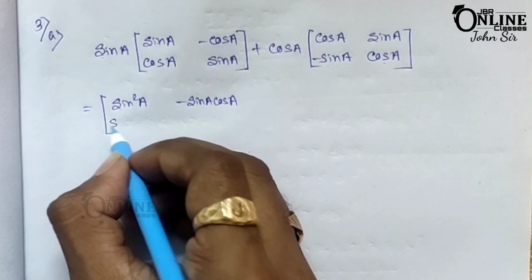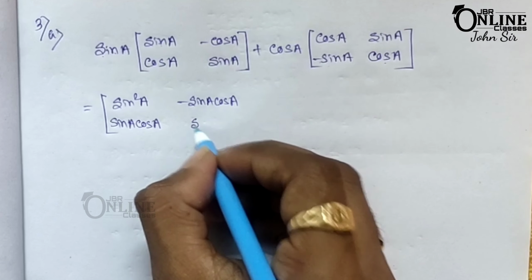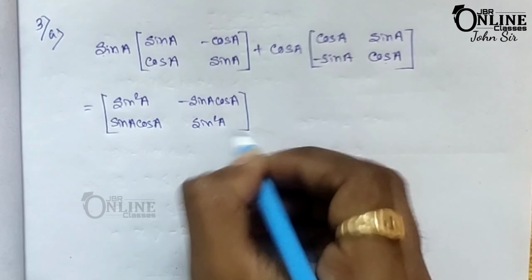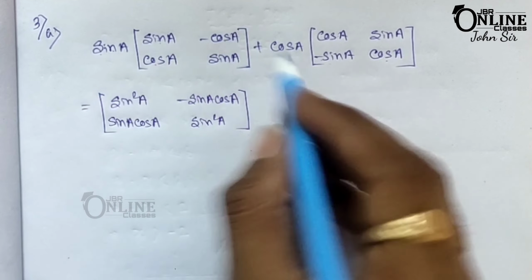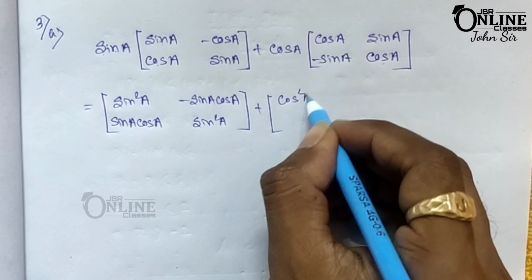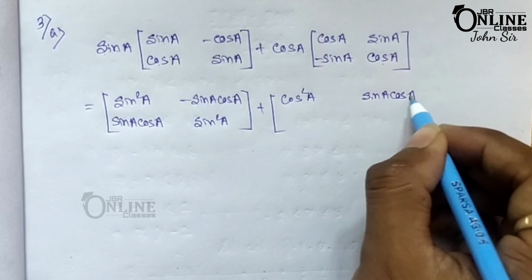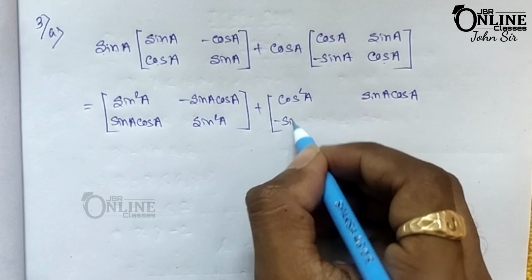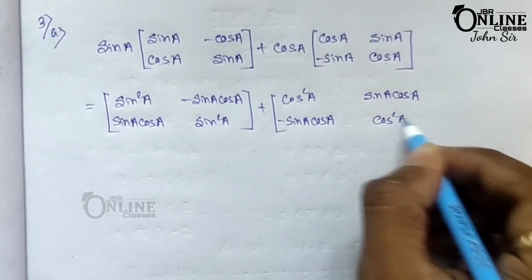Then sin into cos, sin a cos a, and then sin into sin, it becomes sin square a. That means here you have to multiply each and every element of that matrix with sin a. Then again cos, so cos into cos, cos square a, cos into sin a, so sin a cos a, then cos into minus sin a, minus sin a cos a, and last one cos square a.